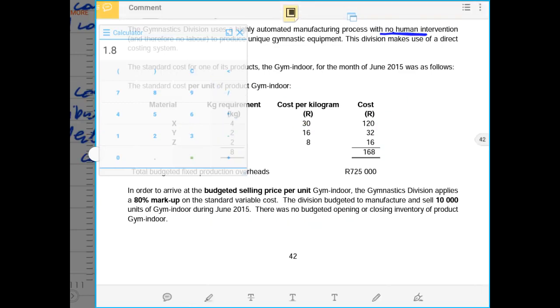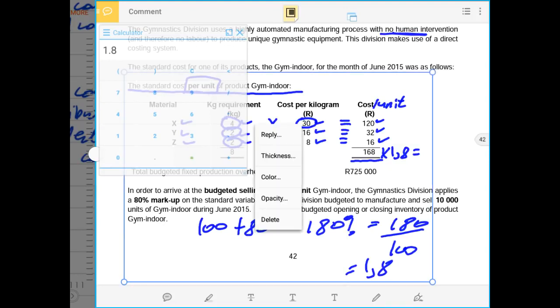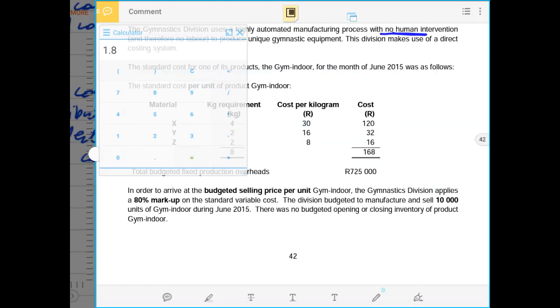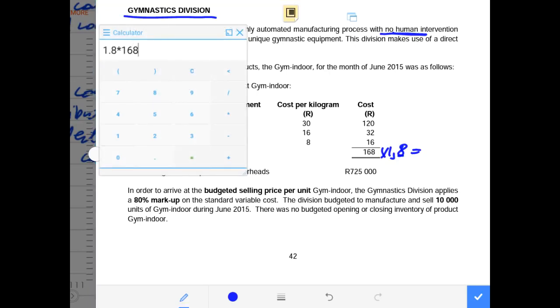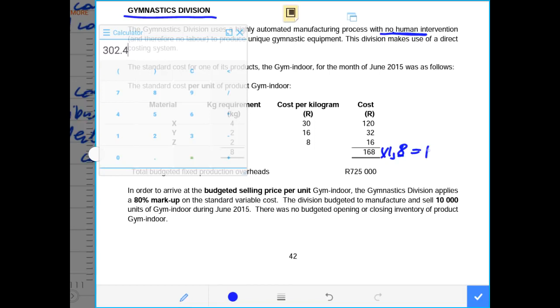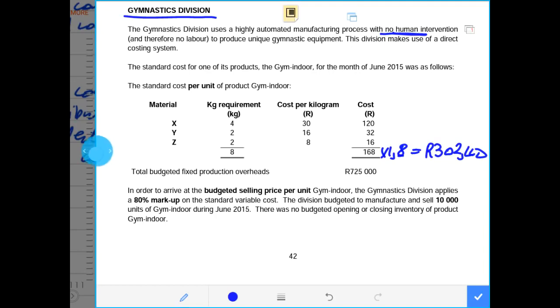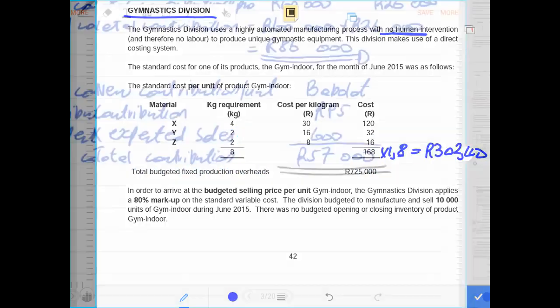So please bear with me, I normally use decimals most of the times when it comes to percentages. So I have added 80% already. Now times that by 168, it will give me the budgeted selling price. So this will be the budgeted selling price.